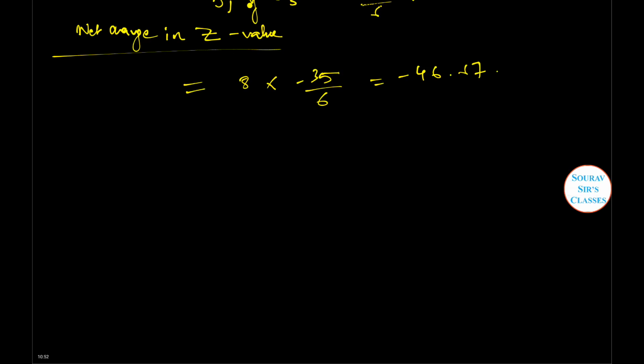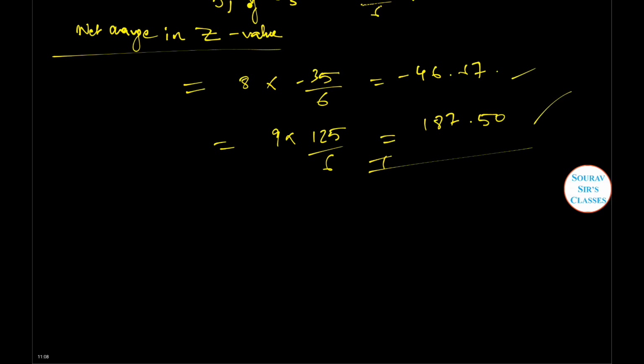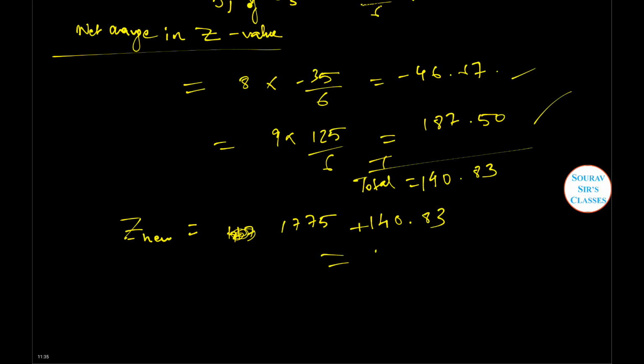Similarly, increase in F1, that is 9 hours at 125/6, it is 9 into 125/6, which is 187.50. Hence, adding this and this, we get total equal to 140.83. Now, according to the new profit, Z new will become 1775 plus 140.83, that is equal to rupees 1915.83.